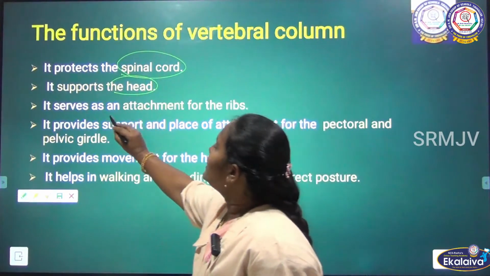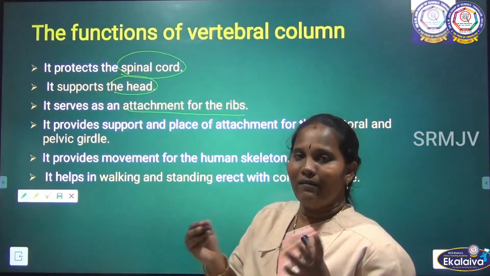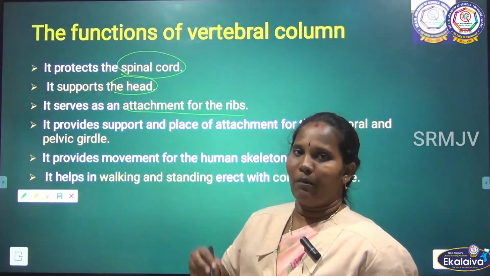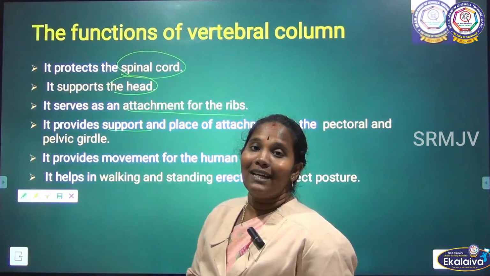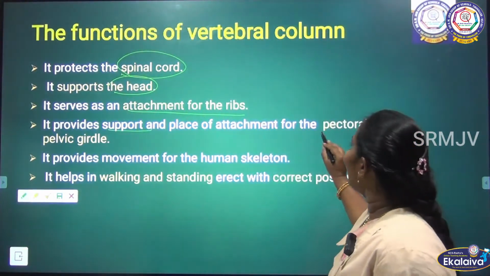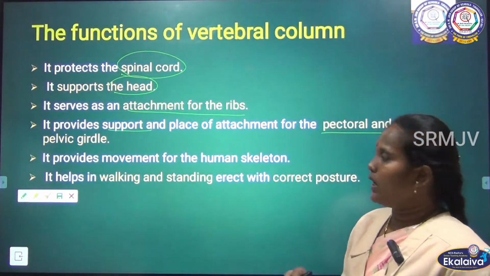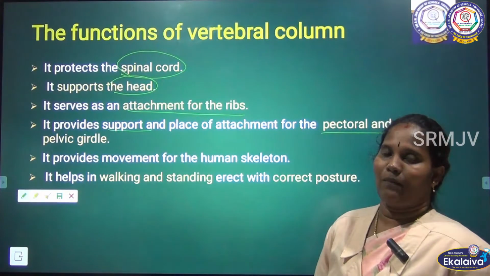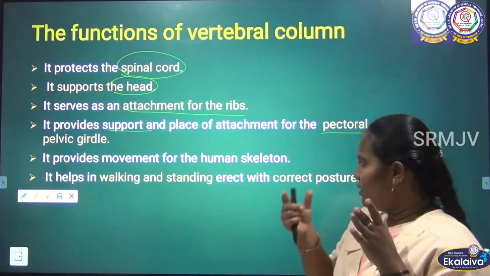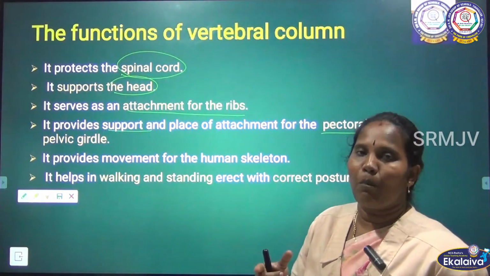Then we can say it serves for attachment of the ribs. The rib bone is attached with the help of the sternum, no? Then next one, it provides support and a place of attachment for the pectoral girdle as well as the pelvic girdle. Next one, it provides movement for the human skeletal system, as while we are walking and standing, we can stand erect with the help of the backbone.